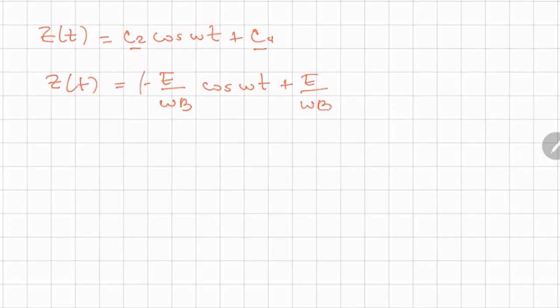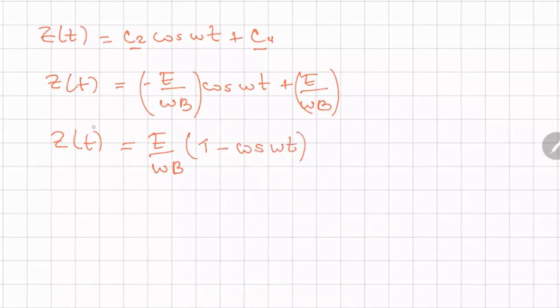If we take common factor E dividing wB, we get z of t is equal to E dividing wB times 1 minus cosine of wt, and we call this equation number 5.